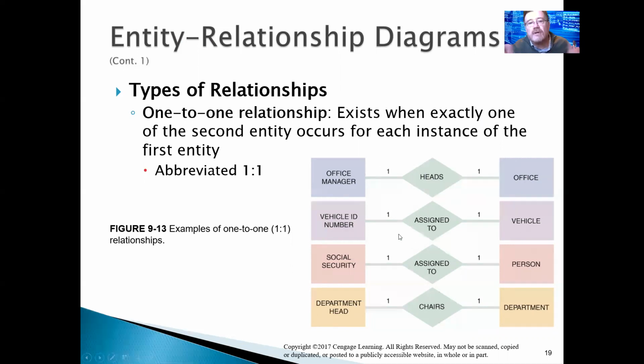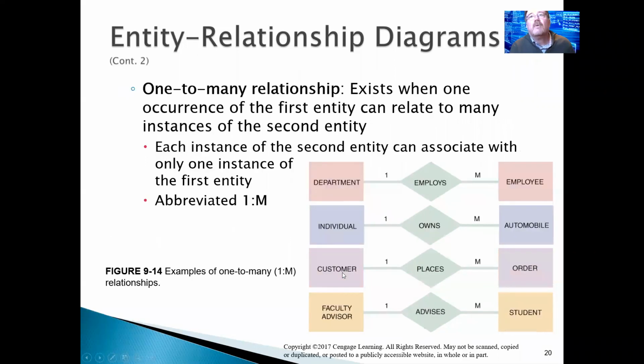Now, entities are related to each other in three different ways. We're going to see one right now, which is a one-to-one, which more or less makes sense. A Social Security number is assigned to one person. One person is assigned one Social Security number. But we also usually have one-to-manys. One department employs many employees.